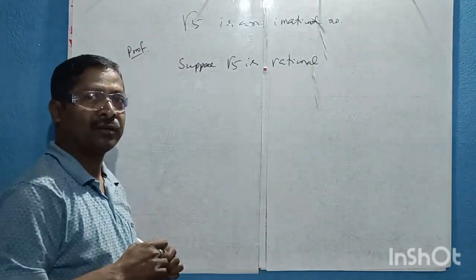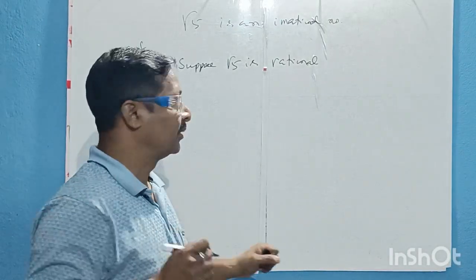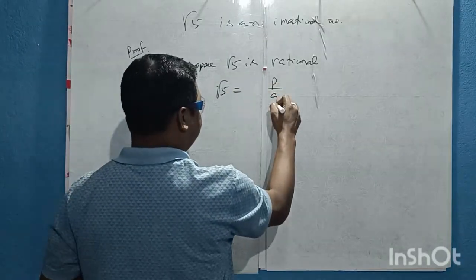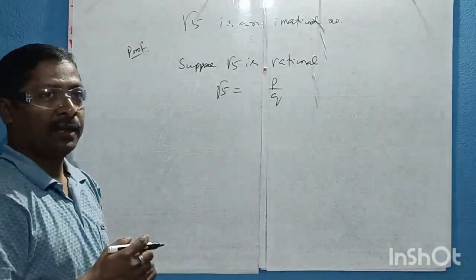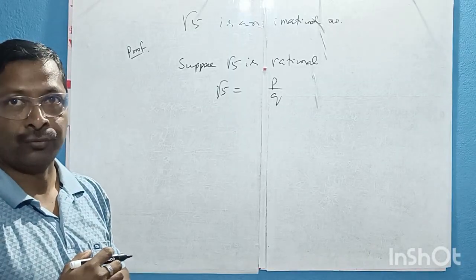So every rational number can be written in p by q form. You know it. So I can write root 5 as p by q, because any rational number can be written in p by q form.